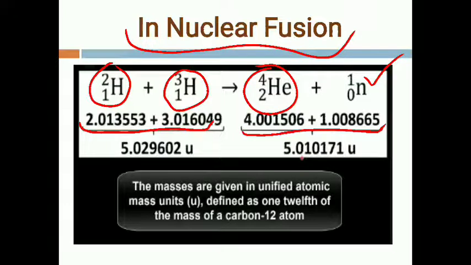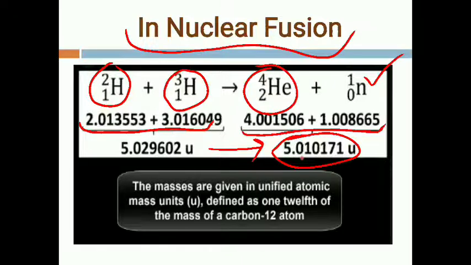You will find here that the mass of products is less than the mass of reactants. So when the reactants change into products, there is always a decrease in mass, and that decrease in mass converts into lots of energy. If we combine the law of conservation of mass and the law of conservation of energy, then we can make a new statement that in any chemical or nuclear change, even a physical change, mass and energy both remain conserved.